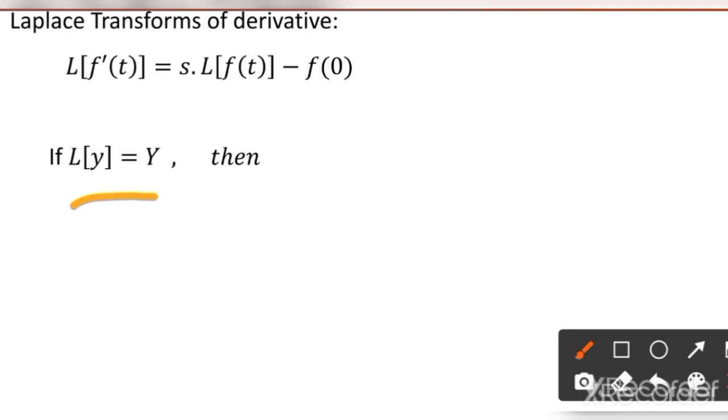Now I denote the Laplace transform of y, that is y of t, as Y of s. For our convenience we have taken it as capital Y. So here capital Y means Y of s.